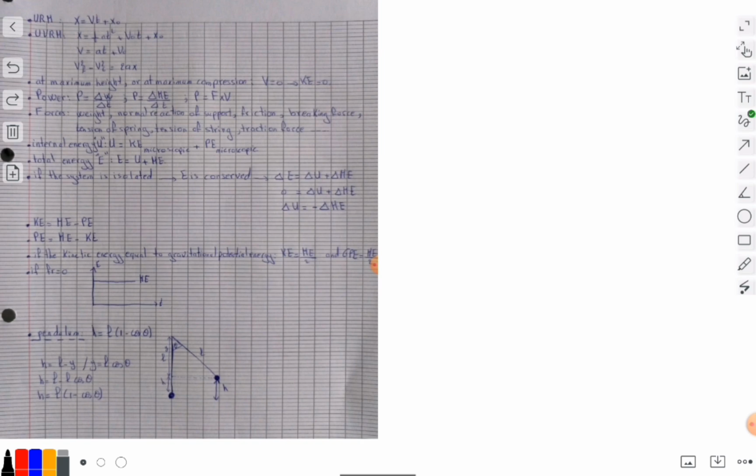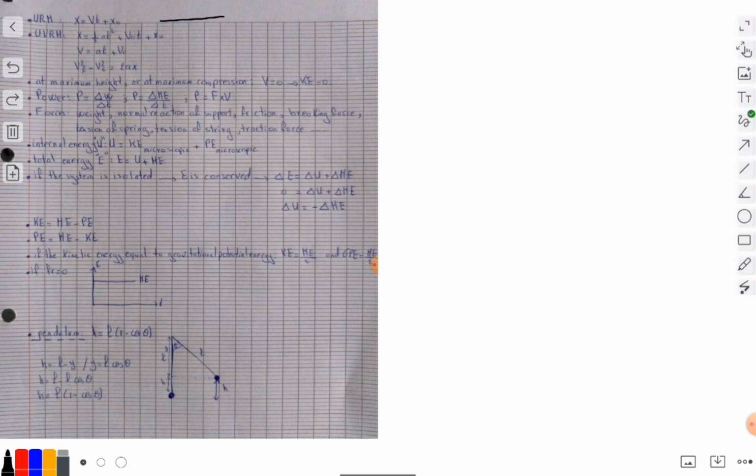As a revision, uniform rectilinear motion, the time equation is x equal vt plus x0. In uniform varied rectilinear motion, we have two time equations: x equal half at square plus v0 t plus x0, and v equal at plus v0, and we have v square final minus v square initial equal to 2a delta x.